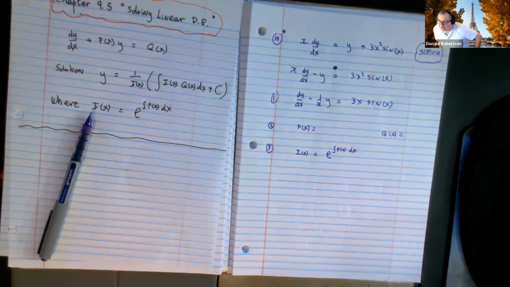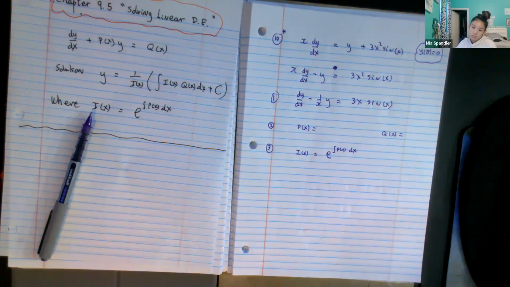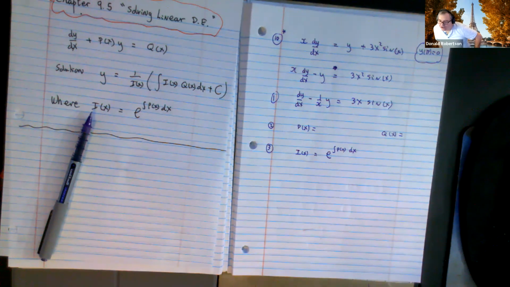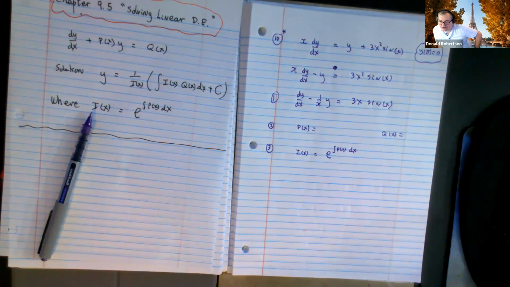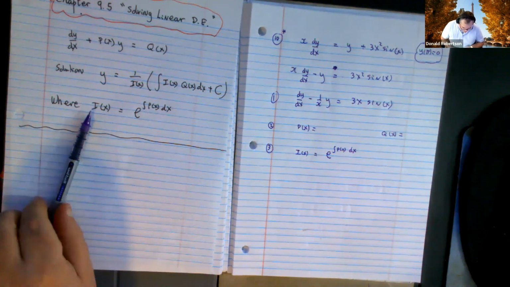We've got 1 minute to go. Do you think you've got it, Mia? Yes. Did the I of X Q of X bit come out nice? Yeah. That's a good sign. If the I of X Q of X didn't come out nice, have a little look at your I of X again. Especially the fact that that's negative.